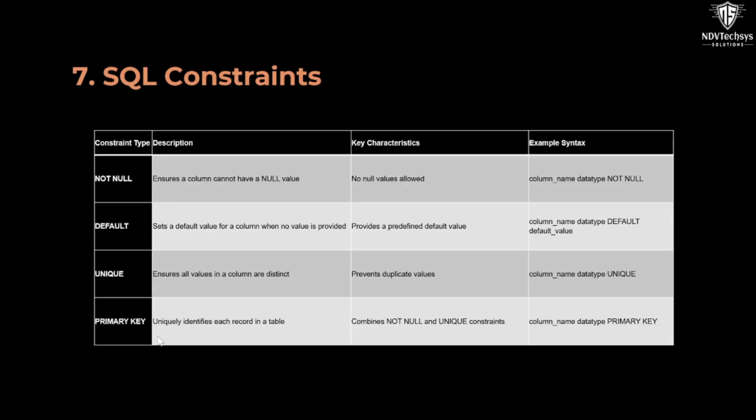And this is the value with which we can uniquely identify each record in a table. This actually combines the not null as well as unique constraints. Now let's see a demo of these SQL constraints.